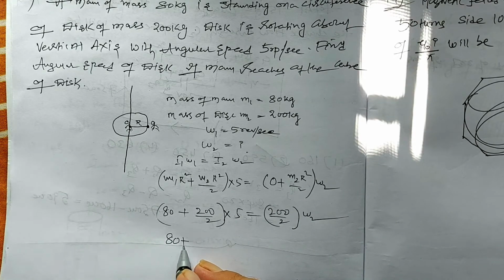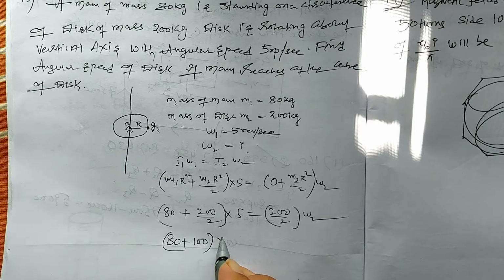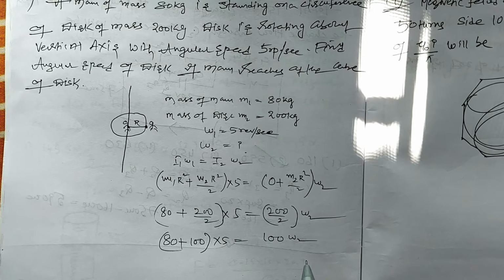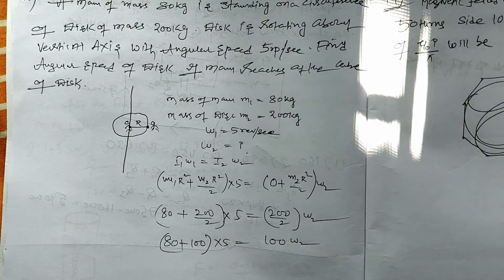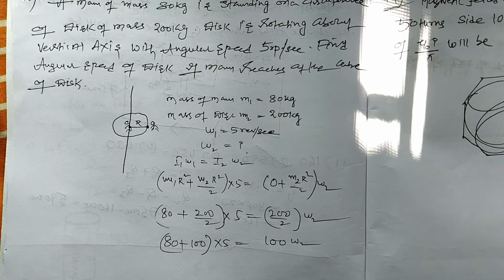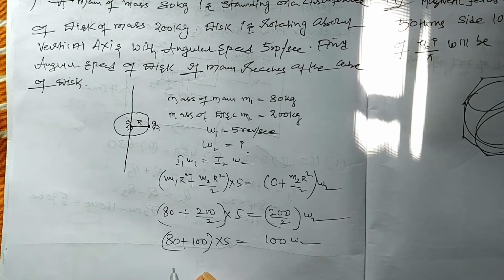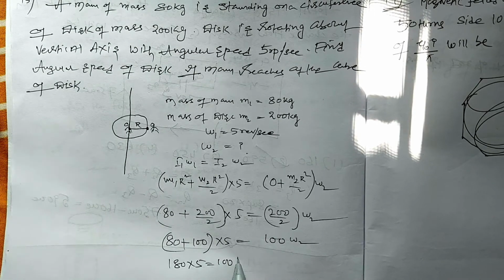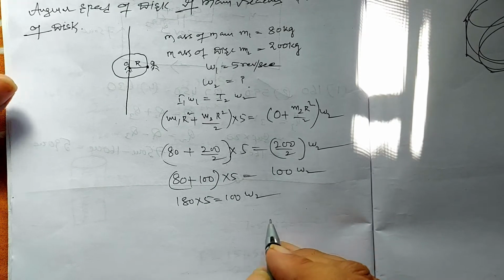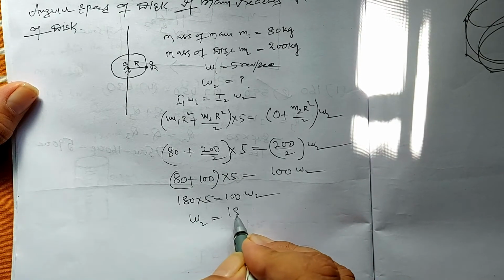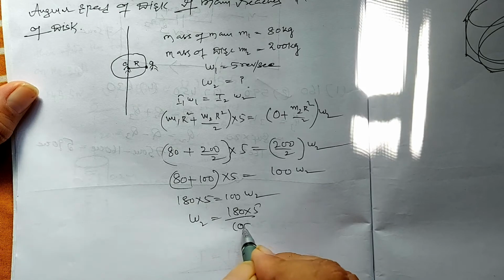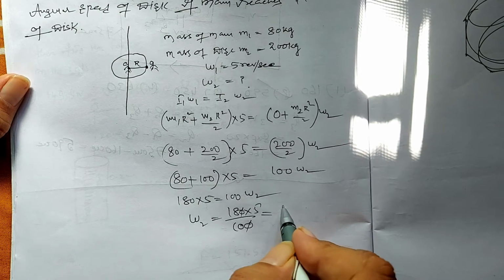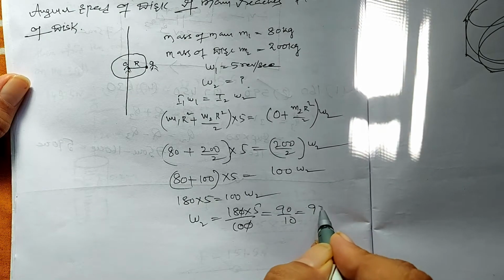So 80 plus 100, into 5 is equal to 100 into omega 2. Here this is 180 into 5 is equal to 100 into omega 2. Omega 2 is equal to 180 into 5 divided by 100. Zeros cancel. That is equal to 90 by 10, that is equal to 9 revolutions per second.